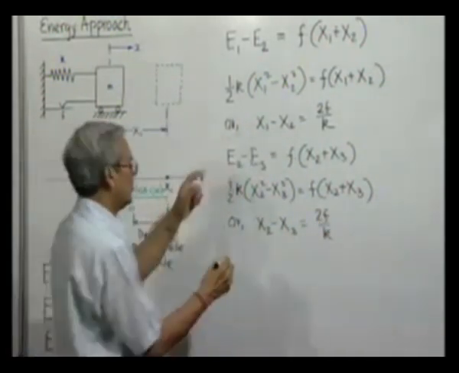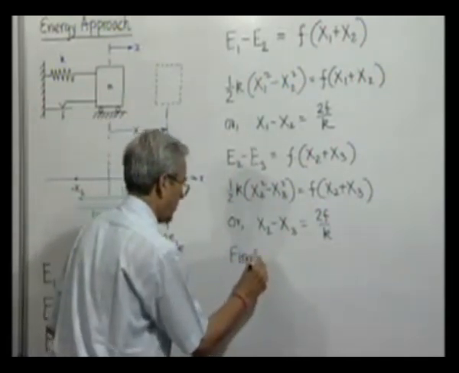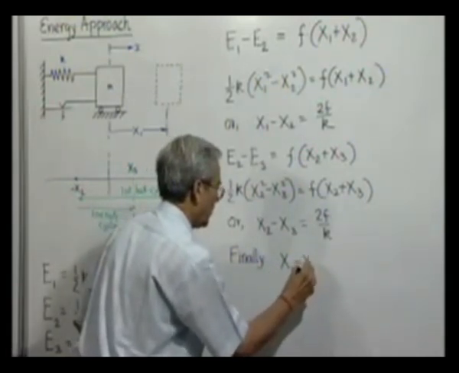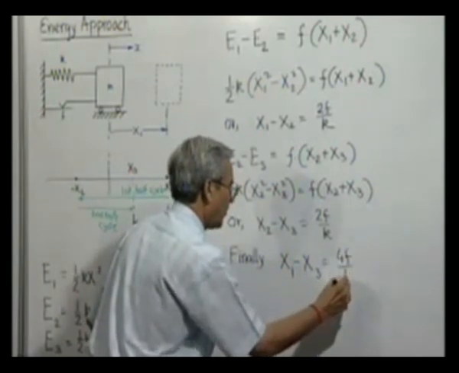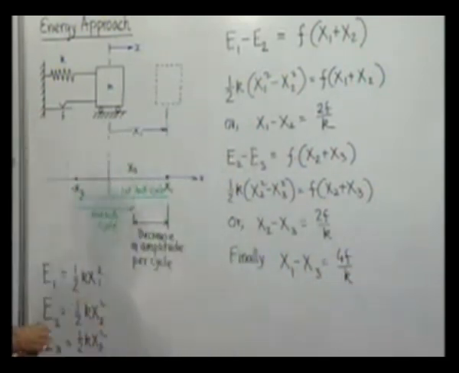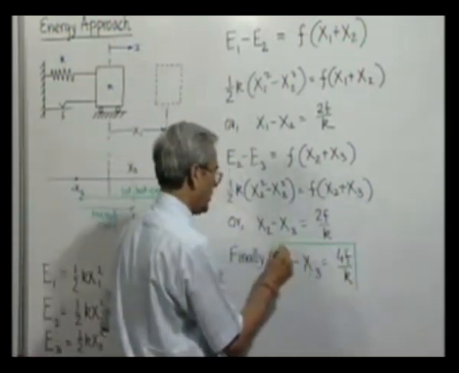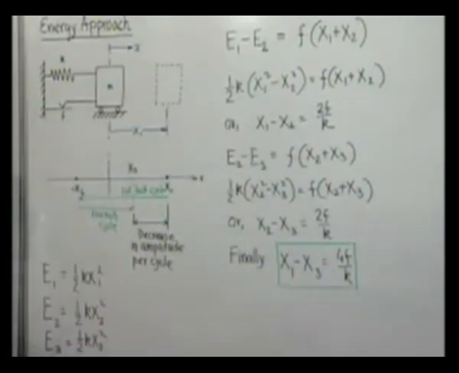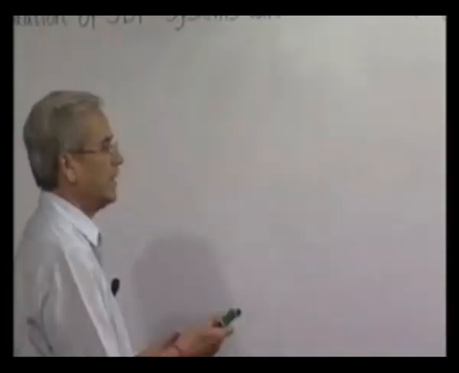So adding these two, thus we get the same relationship, that the amplitude decreases by an amount 4f by k in every cycle, and it decreases by 2f by k in every half cycle.